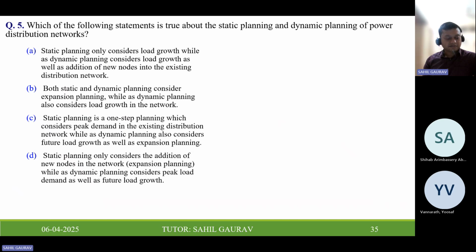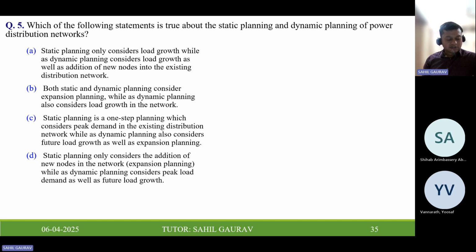C: static planning is a one-step planning which considers peak demand in the existing distribution network, while dynamic planning also considers future load growth as well as expansion planning.